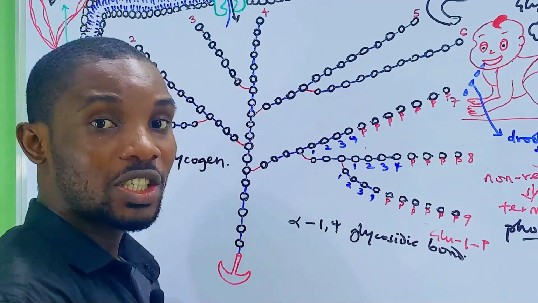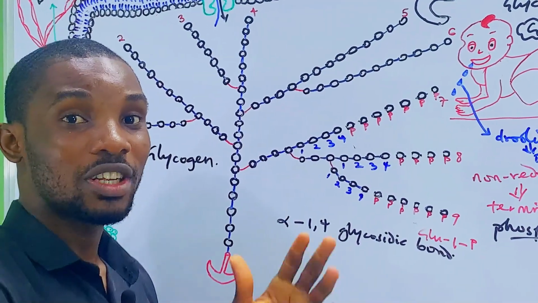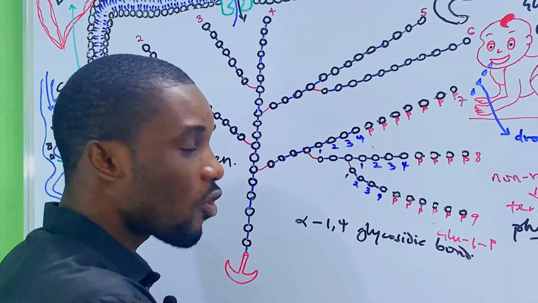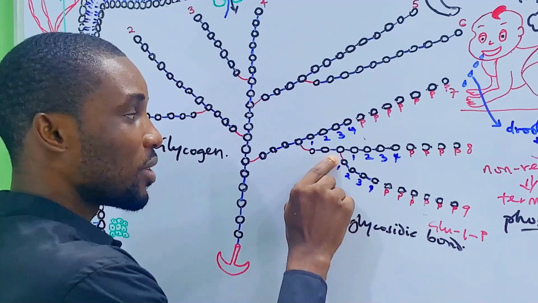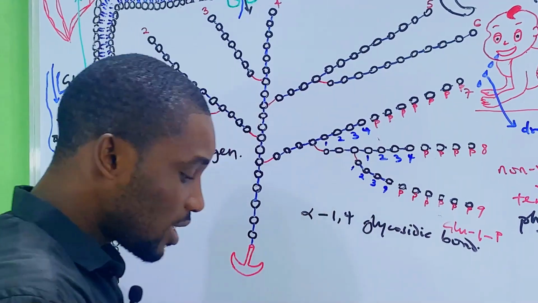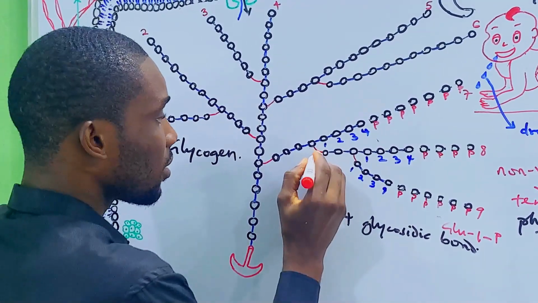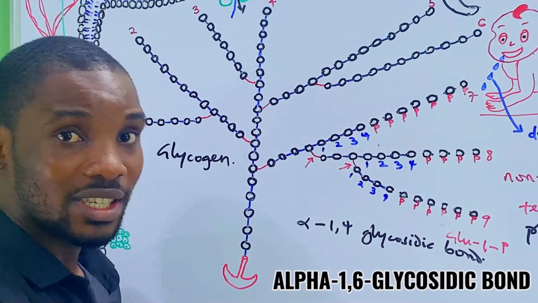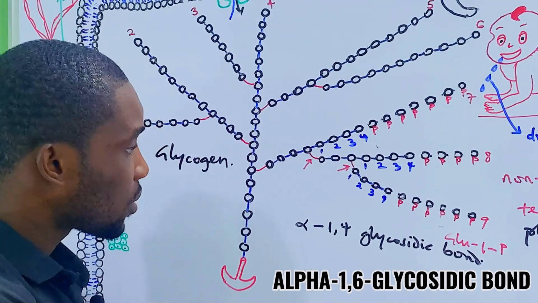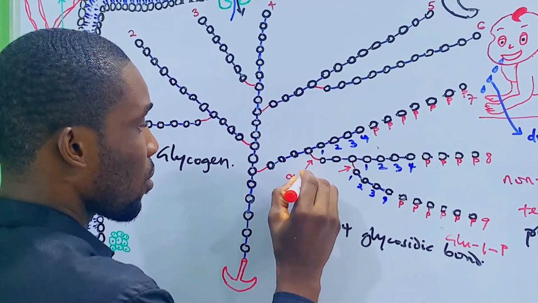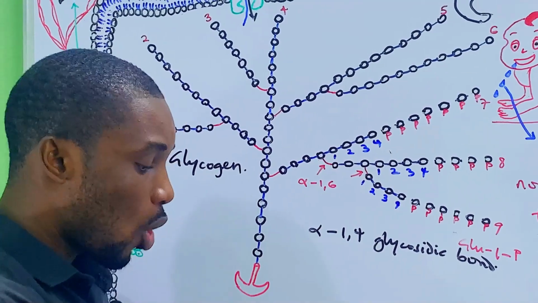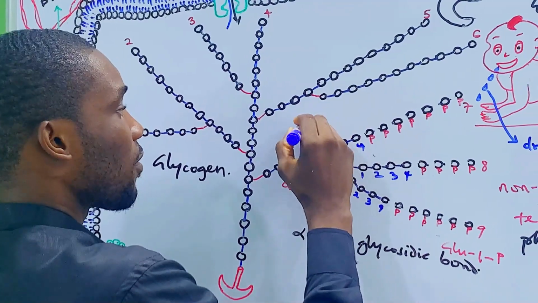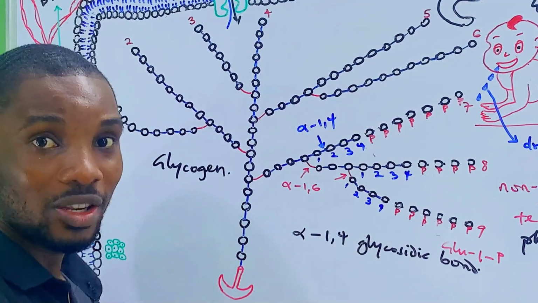Always remember that straight chains, we discussed it in the lecture on glycogen synthesis, are made up of alpha 1 4 glycosidic bonds, while the branch points are alpha 1 6. So you can see these red bonds over here are alpha 1 6 glycosidic bonds, while the blue chains represent alpha 1 4 glycosidic bonds.